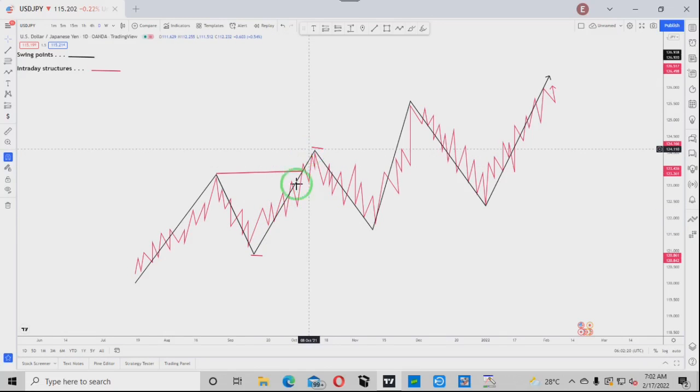All right, now what is your external range liquidity? External range liquidity is liquidity that rests outside of your trading range. I've just explained what a trading range is.